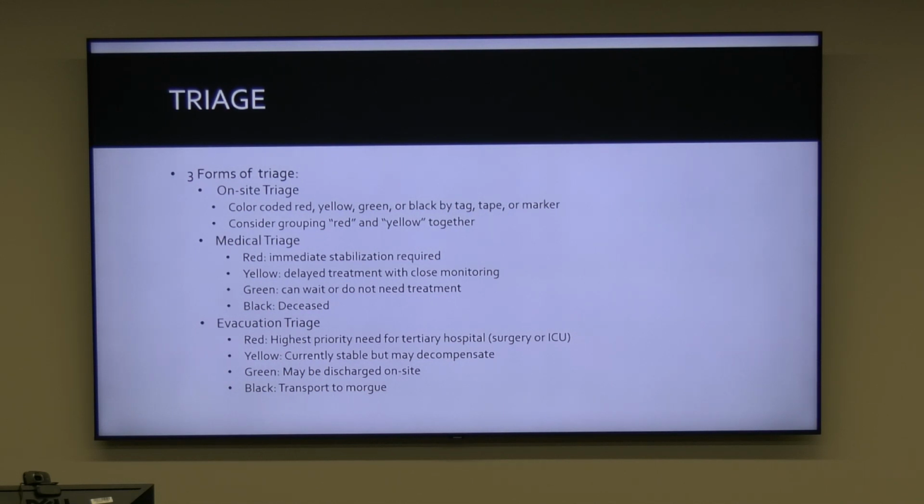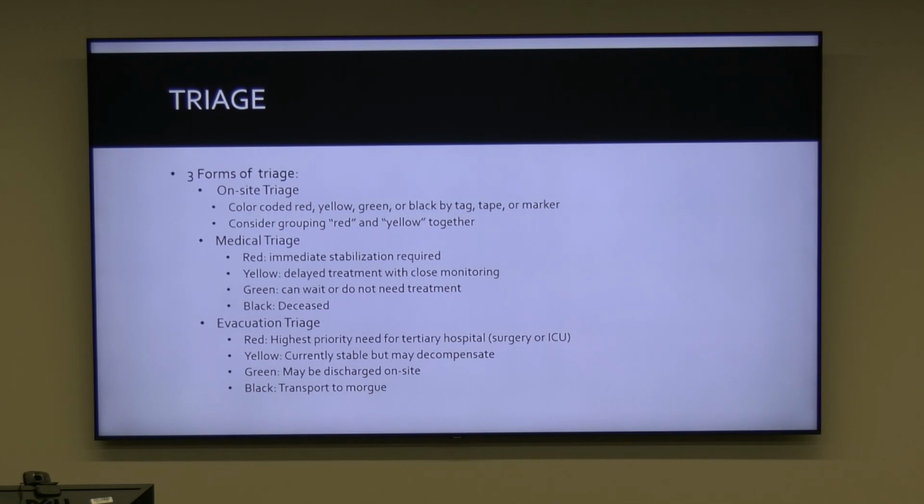The medical triaging is divided in a similar fashion, but what each color stands for is a little bit different. Reds require immediate stabilization. This could be people that need to be intubated, or people that need immediate care, traumas, ICU patients, things like that.